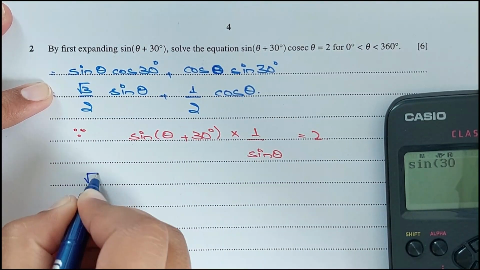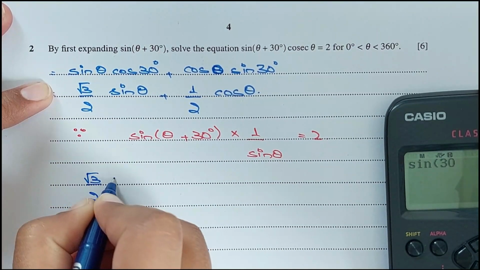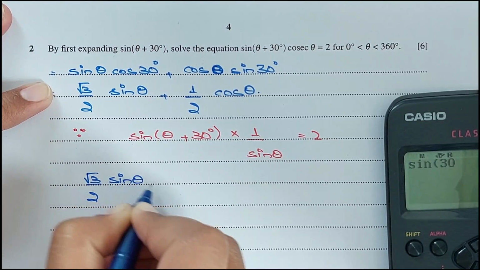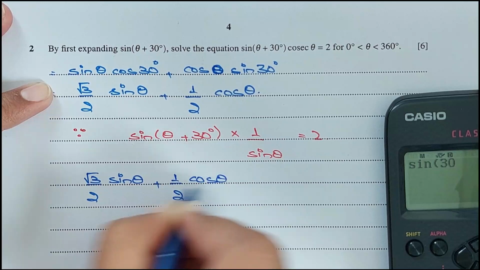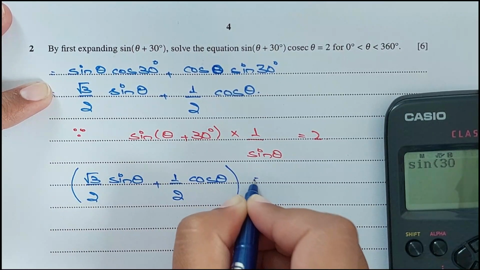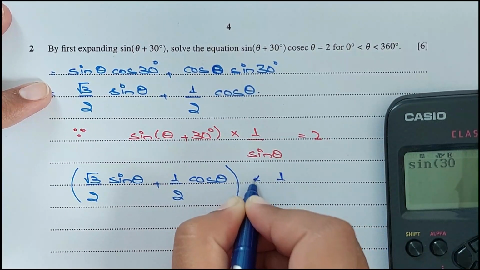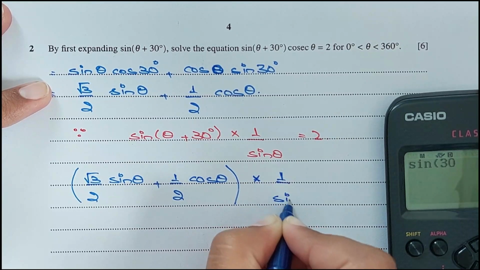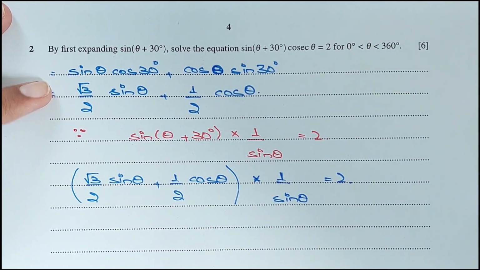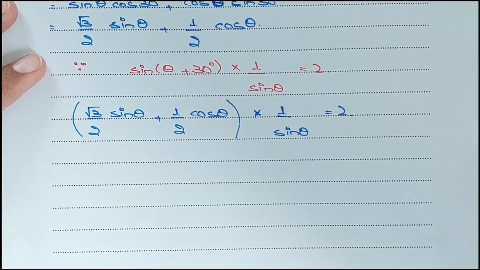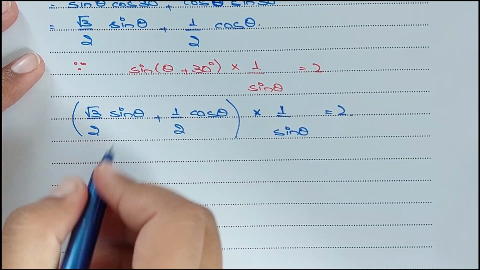We can say (√3/2 sin θ + 1/2 cos θ) multiplied by 1/sin θ should equal 2. Let me divide all the terms by sin θ.